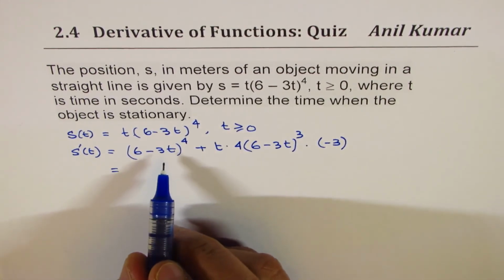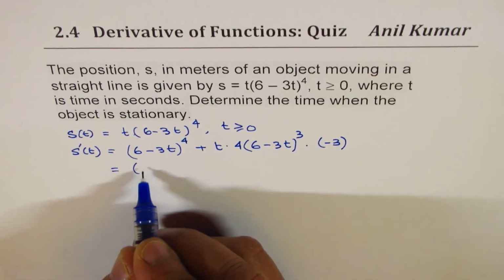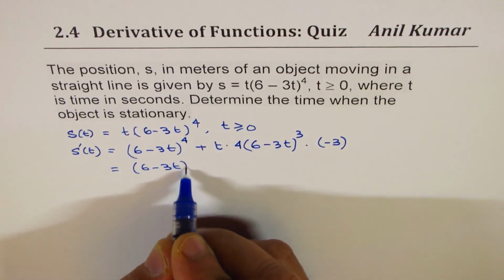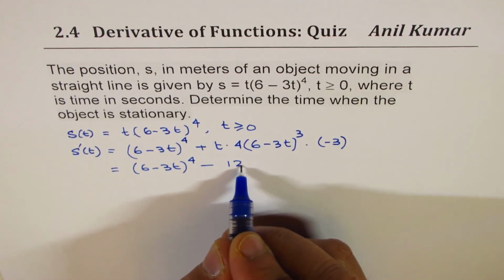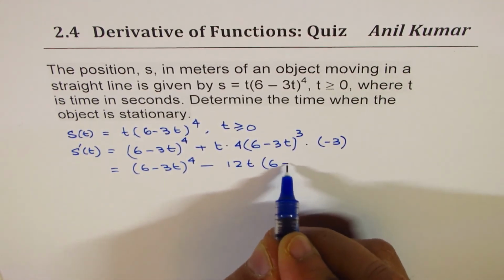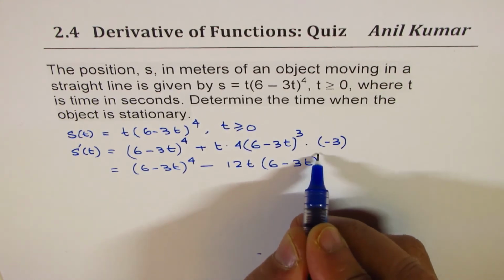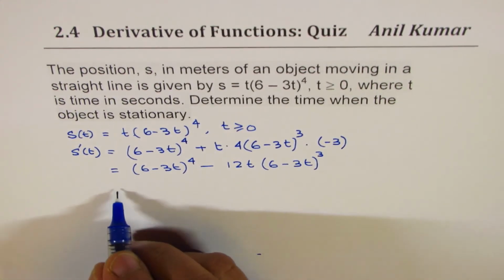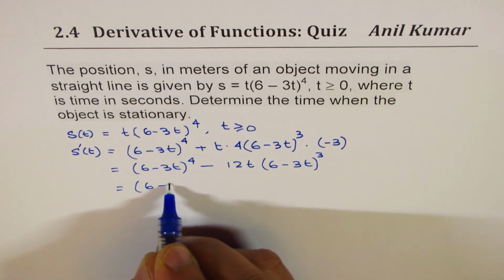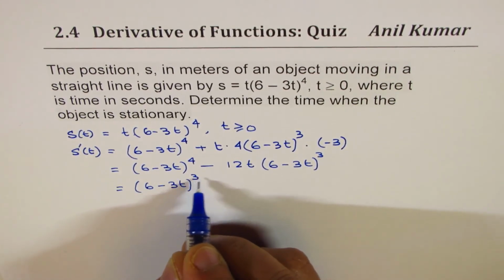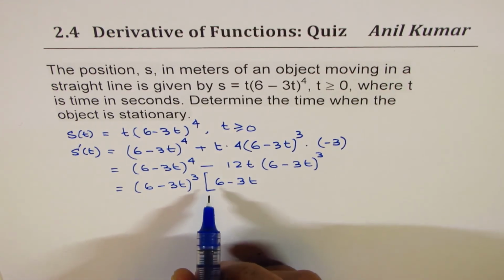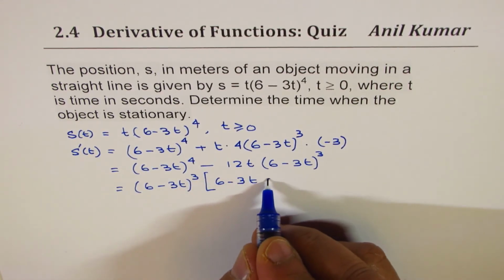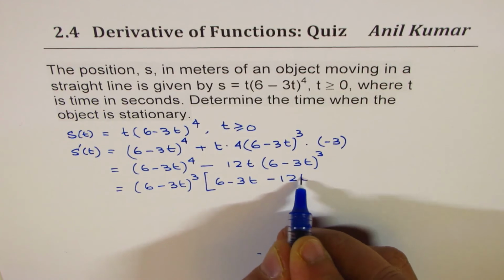Now, let's rewrite this. (6 minus 3t) to the power of 4 minus 4 times 3 is 12t, (6 minus 3t) whole cube. You can take (6 minus 3t) whole cube common. That gives you (6 minus 3t), and here you get minus 12t.